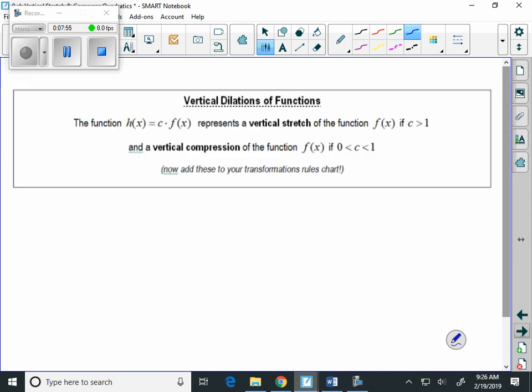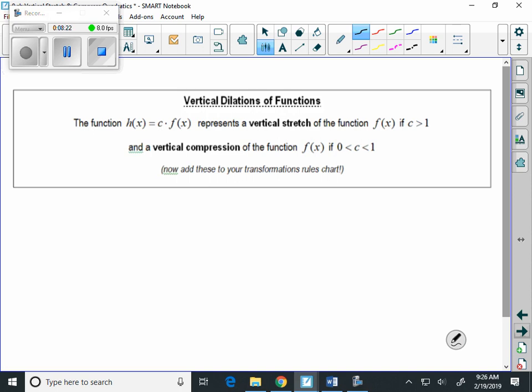So when we fill in our chart here, and there's nothing to fill in on this, but we'll pull out our transformation chart momentarily. But the function h of x equals c times f of x. So when a number is out in front of the function, and that number is greater than 1, we're going to vertically stretch the graph.